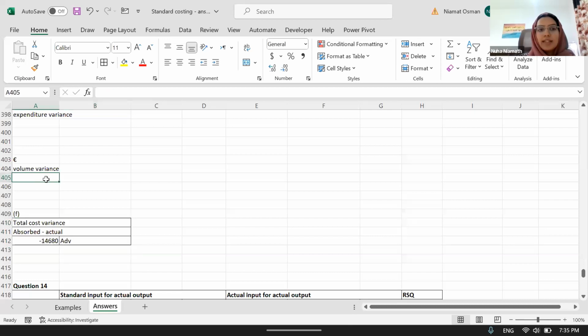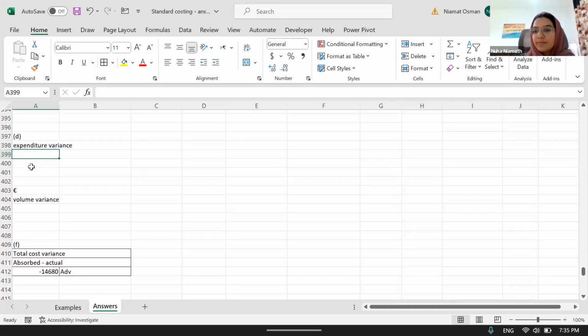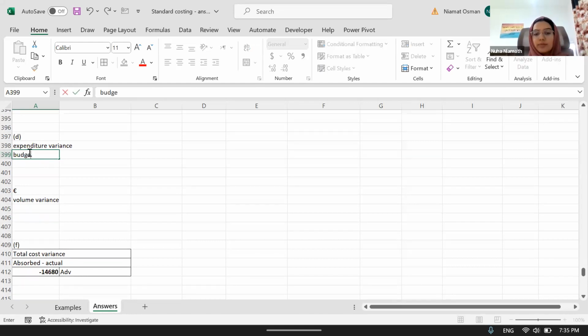Done. Next, expenditure variance. Difference between which and which? Expenditure variance is the difference between which two? Budgeted and actual. Perfect. So how will we calculate this?